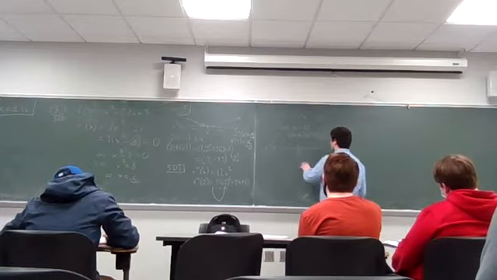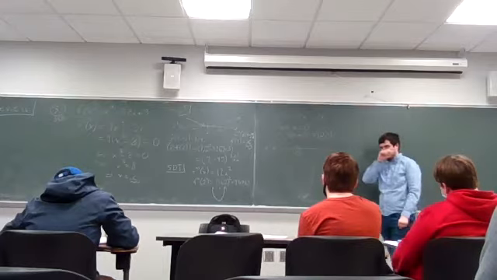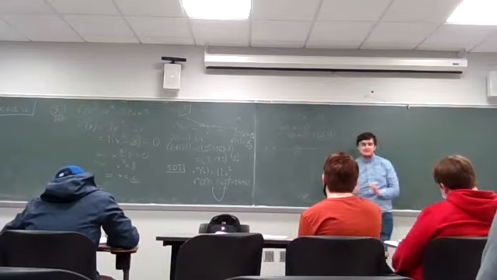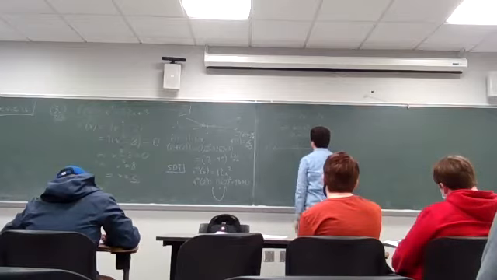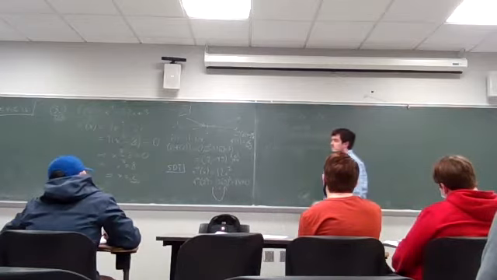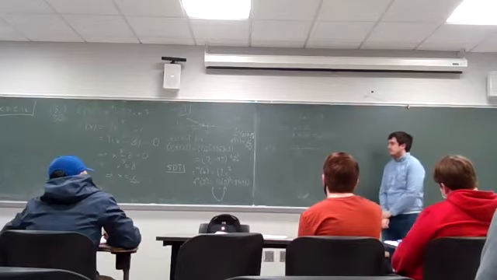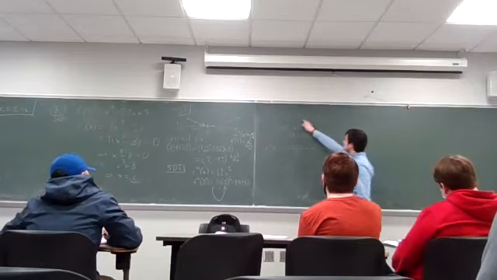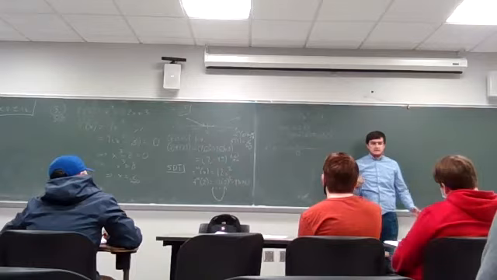Now, how do I figure out concavity? Again, we're going to take a number to the left and a number to the right. What's the number to the left of 0? If I plug -1 into the second derivative, what do I get?